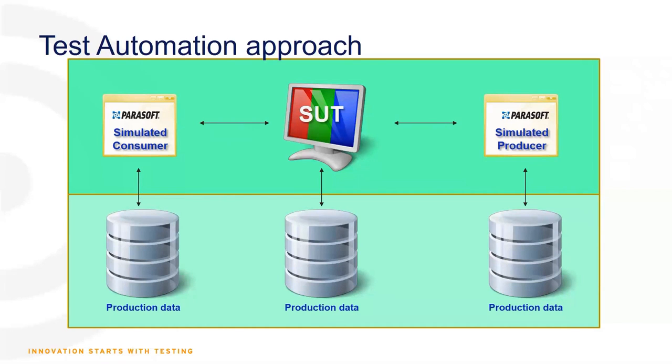If we look at it from a test automation approach, we see that instead of using the actual applications in the chain, we use, for example, Parasoft SOAtest to simulate the consumer or the customer. We invoke a web service or the GUI in order to get a process going, which invokes our system under test, which starts the actual process that we want.